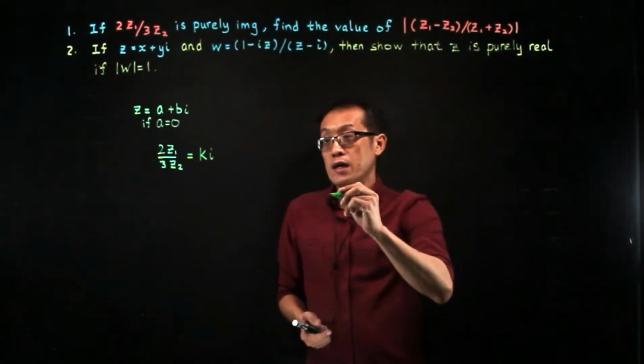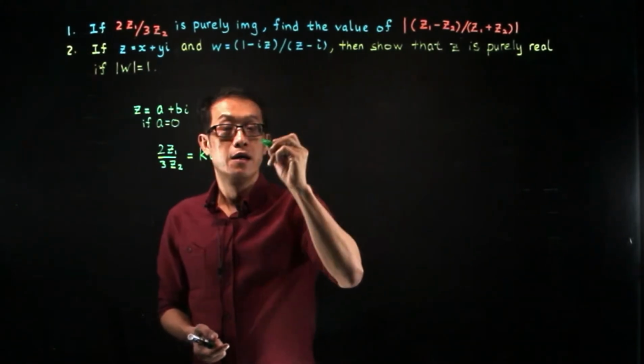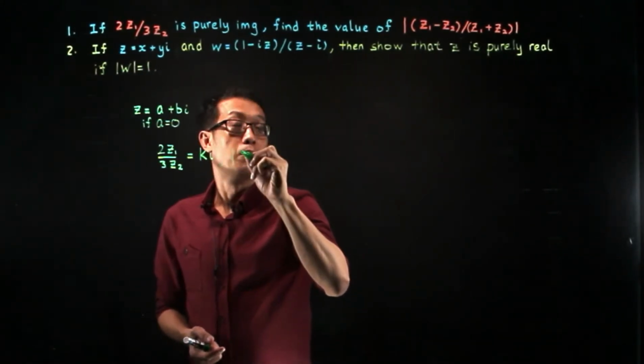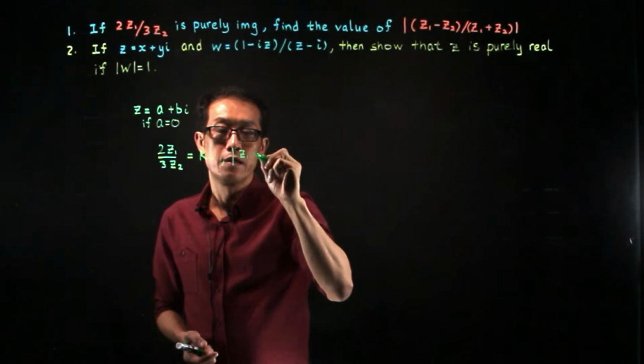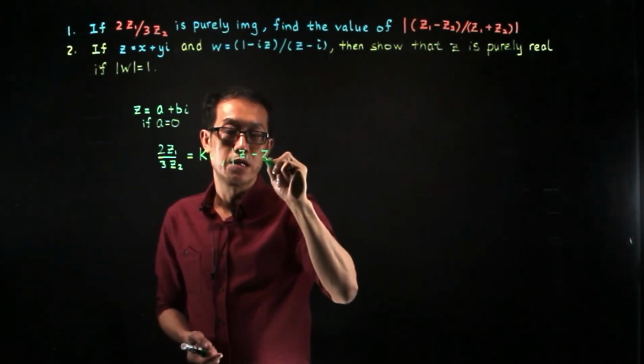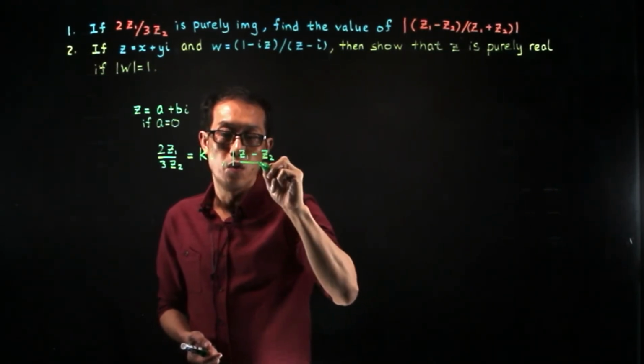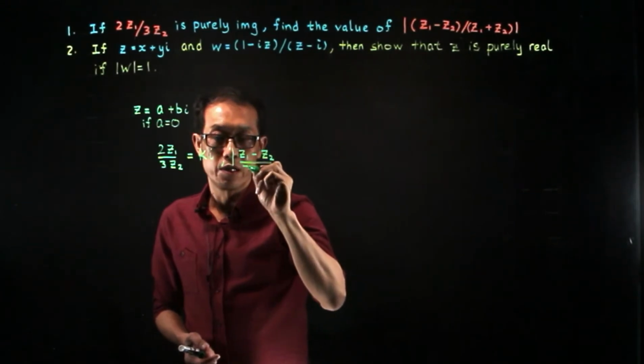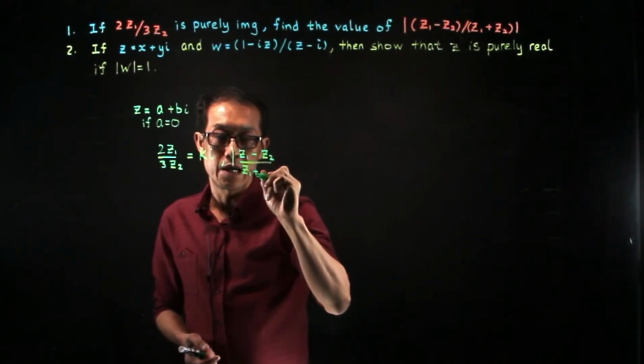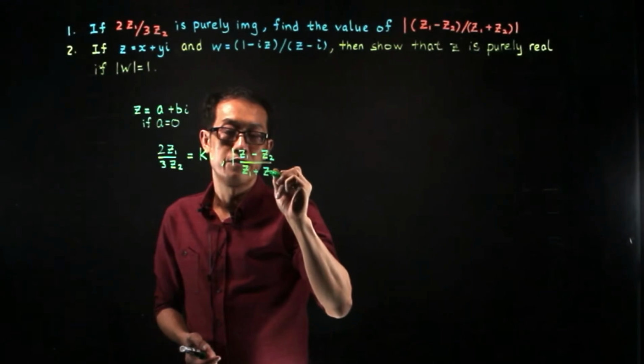Then we are asked to find the modulus of this expression, modulus of z1 minus modulus of z2 over modulus of z1 plus modulus of z2.